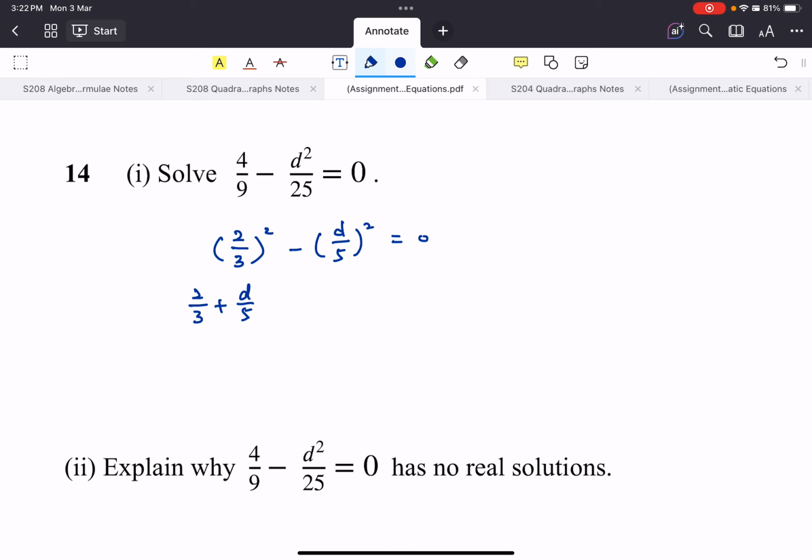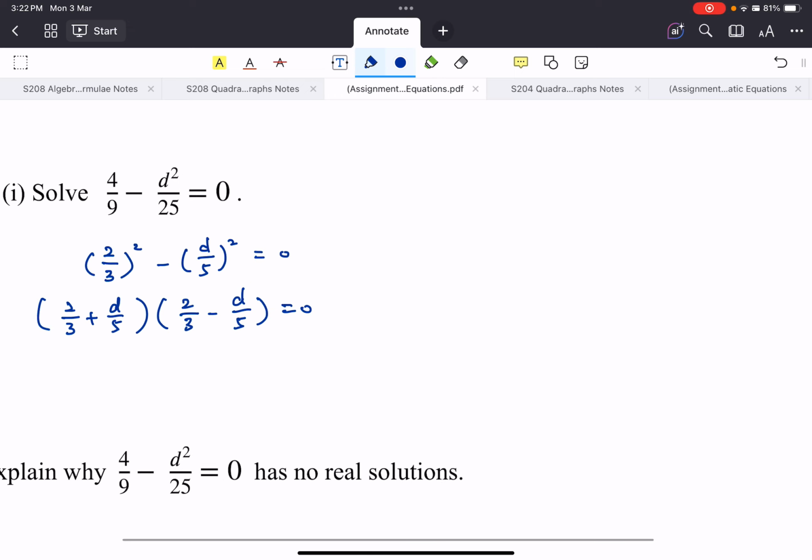Okay, let me do it properly. Factorizing gives 2/3 plus d over 5 multiplied by 2/3 minus d over 5 equals 0. So 2/3 plus d over 5 equals 0, or 2/3 minus d over 5 equals 0.